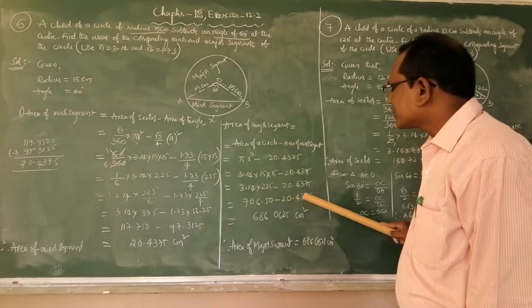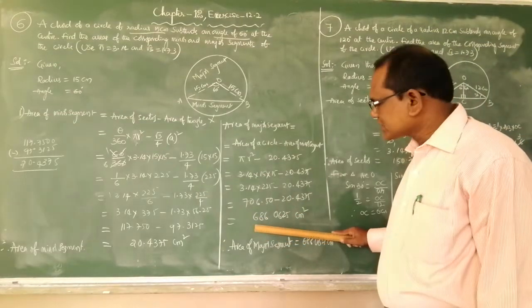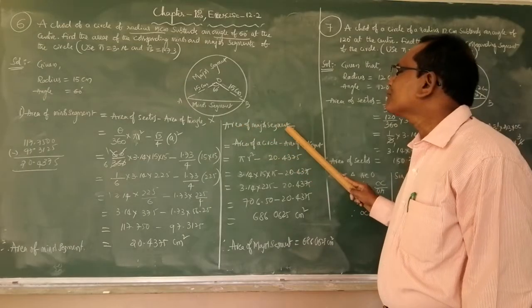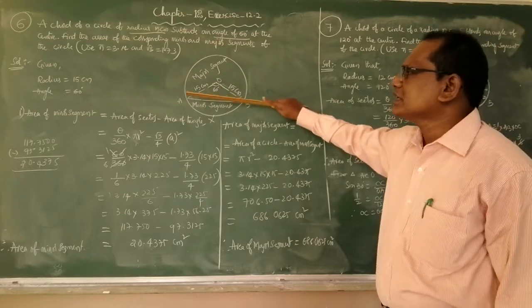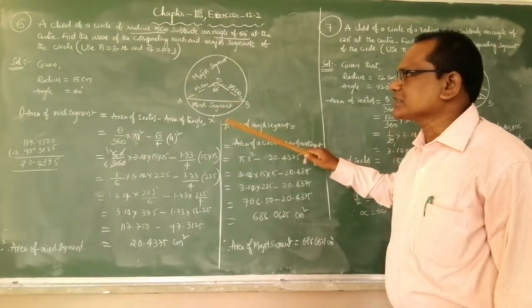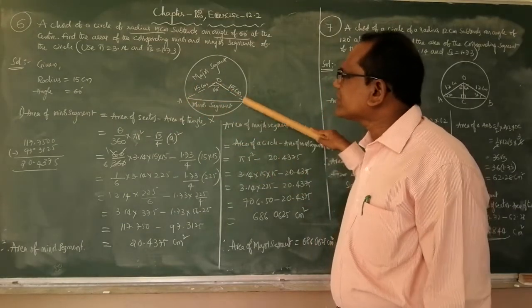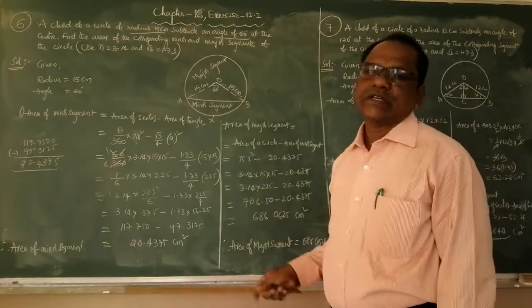Minus the area of the minor segment, 20.4375. The result after subtraction is 686.0625 centimeters square. This is the area of the major segment, which means area of circle minus area of minor segment, while the minor segment is area of sector minus area of triangle. These two are from the 6th problem.